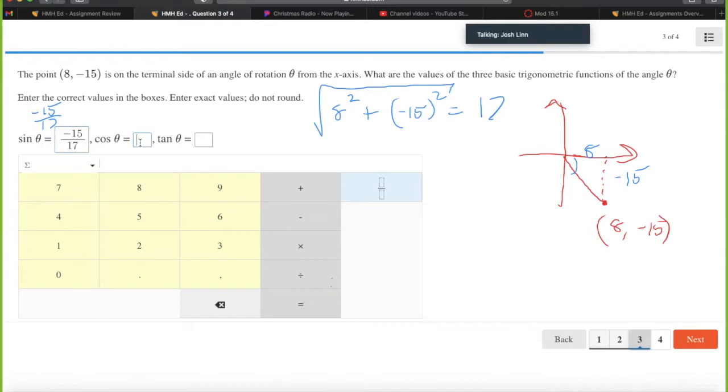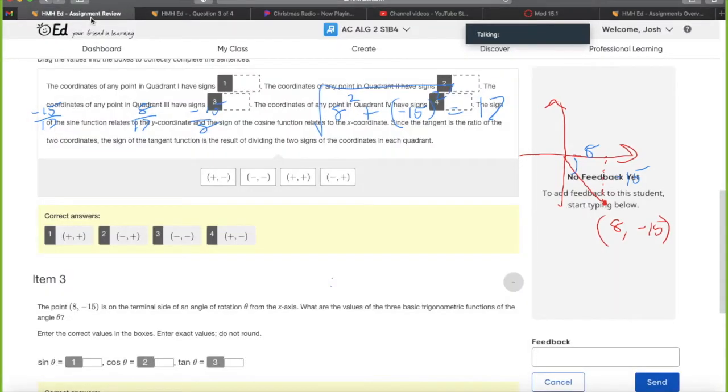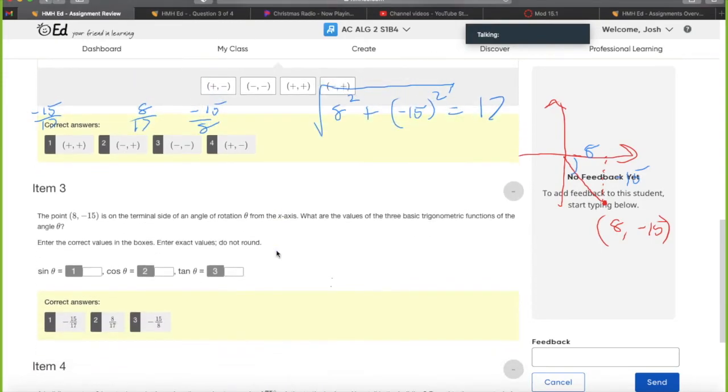Cosine is adjacent, which is 8, over hypotenuse, so 8 over 17. And then tangent is opposite over adjacent. So that's negative 15 over 8. Which is exactly what they got.